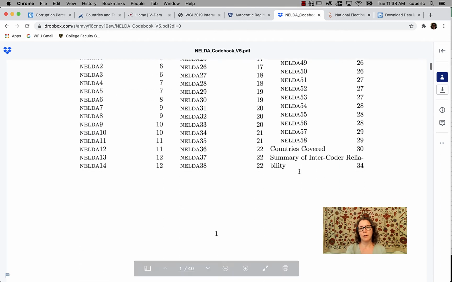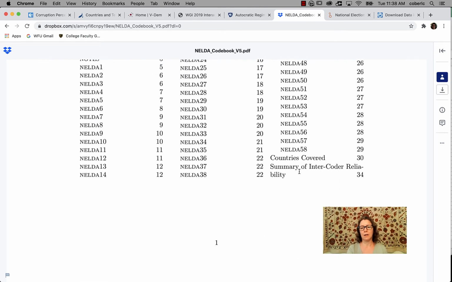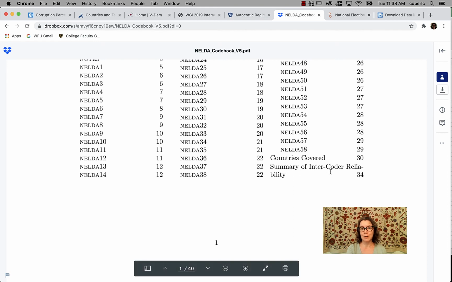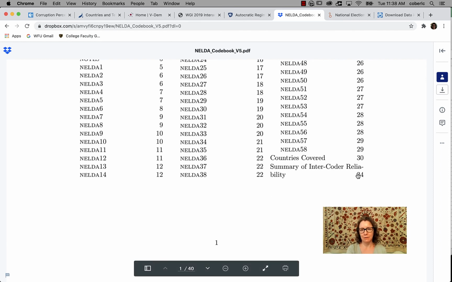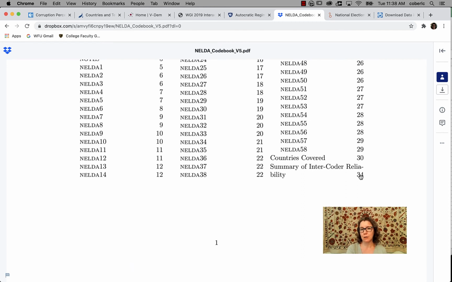Academic data sets will also do something that's called intercoder reliability. The challenge of having specialists, social science researchers, make judgment calls about what's going on in a country is that sometimes different people view data in different ways, and they'll see the same series of events but draw different conclusions from it. And sometimes people just make mistakes.